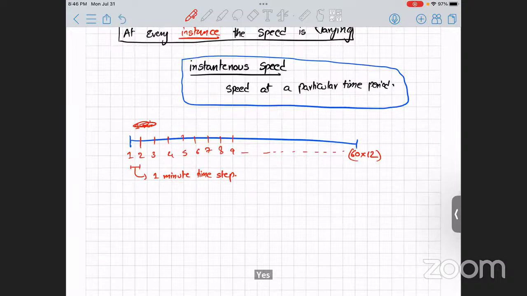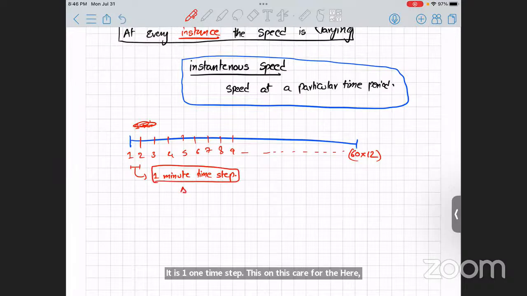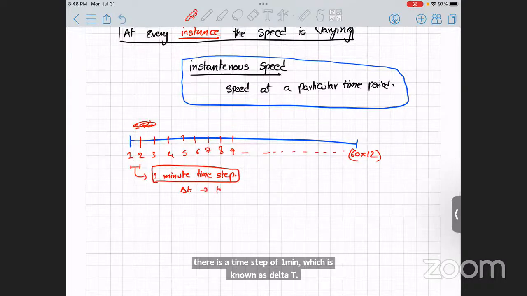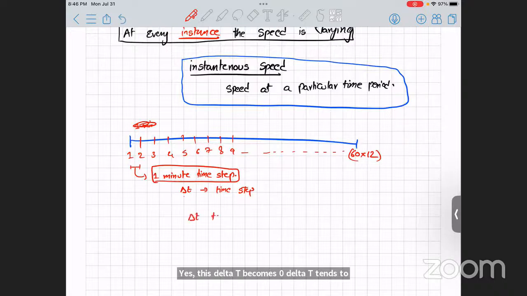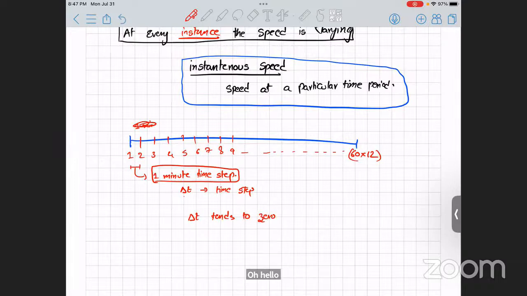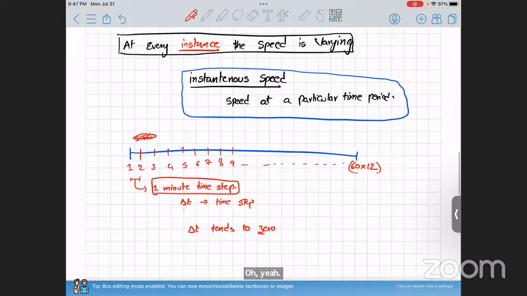Listen to this carefully. Here there is a time step of 1 minute, which is known as the delta t time step. If this delta t tends to 0, that means 60 into 12, where 12 is hours, I converted into minutes.